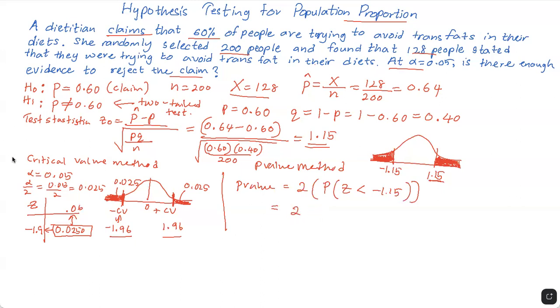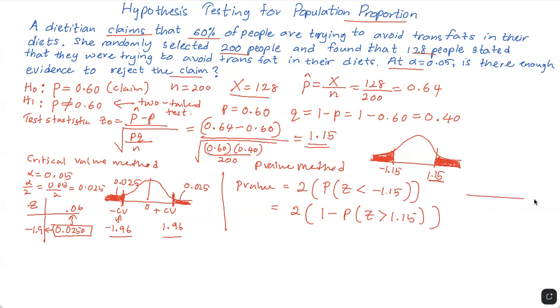If you use the positive value 1.15, it is 1 minus the probability of z-scores greater than 1.15. You can use either of these cases, right? Let's find the probability less than negative 1.15.